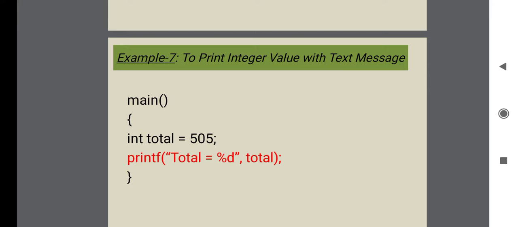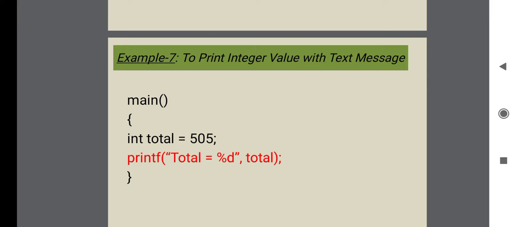Here %d is there. Here %d is a format specifier. What I have told, within double quotes whatever we have written will be printed on the monitor except format specifiers and escape sequences. Here %d is a format specifier, so the format specifier will not be printed on the monitor. What will print in place of %d, in place of the format specifier?